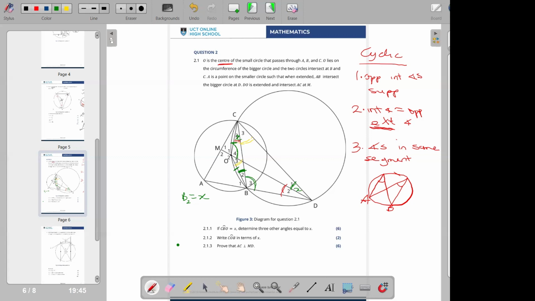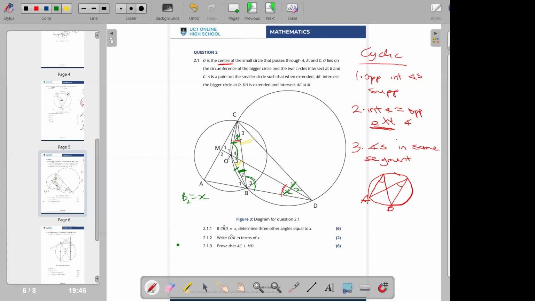So therefore, it's also equal to x. We established that C2 is equal to D2, angles in the same segment. So here again it is going to be x. Are you seeing that? Yes, I am. It's clear, right? Yes.